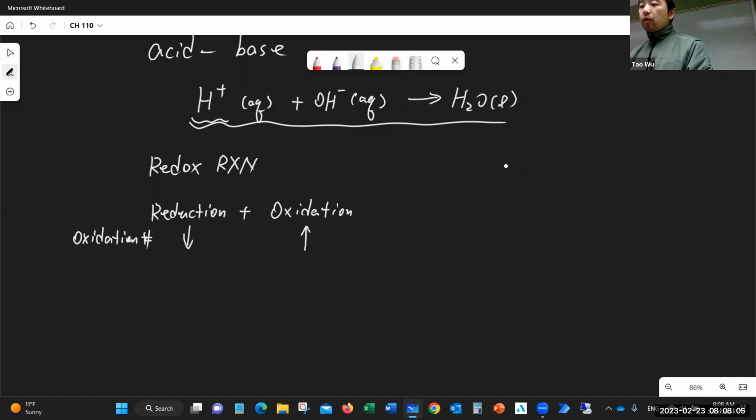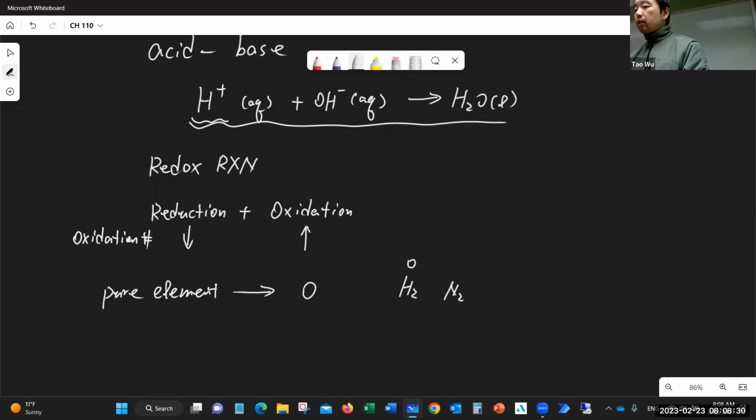Okay, yeah. The oxidation number, we made some calculations, right? First, for all pure elements, the oxidation number is 0. So if you have hydrogen gas, the oxidation number is 0.